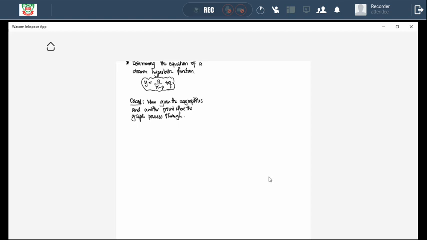Okay, right. That is case number one. And for you to come up with the equation, you should use the structure y equal to a all over x minus p, plus q. That is the structure that you're going to use to determine the equation of a drawn hyperbolic function.